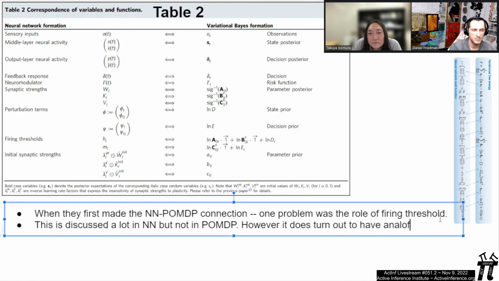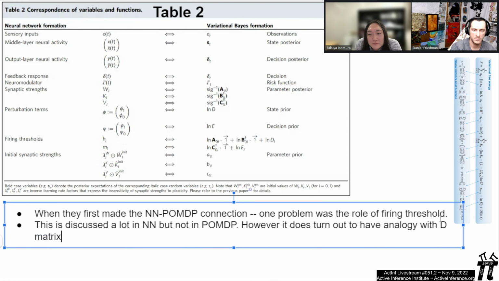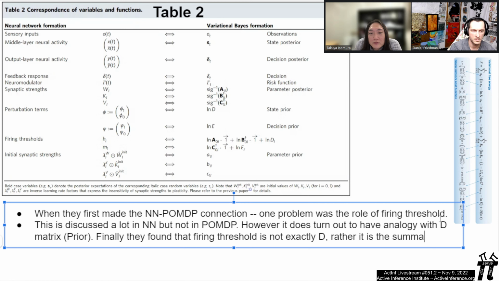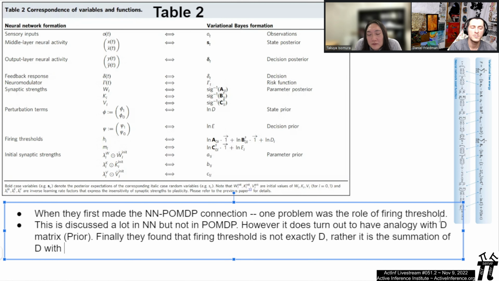And finally, what we found is that the firing threshold is not equal to the D matrix itself, but it is a summation of the D matrix and some function of synaptic strength, which is equal to the A matrix and B matrix in the POMDP formulation.